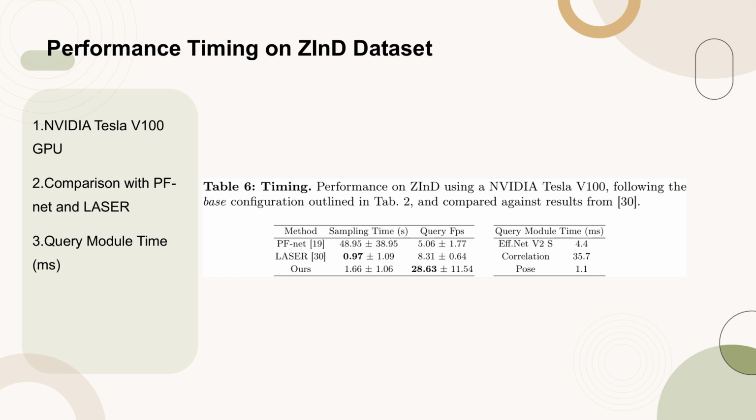Specifically, our method achieves a query time of 1.66 plus or minus 1.06 milliseconds, which is notably lower than the 8.31 plus or minus 0.64 milliseconds of Laser and the 28.63 plus or minus 11.54 milliseconds of PFNet. This performance places our approach closer to real-time for moderately sized scenes. The table also breaks down the query module time into components such as EfficientNet V2S, correlation, and pose, providing a detailed view of the method's efficiency.